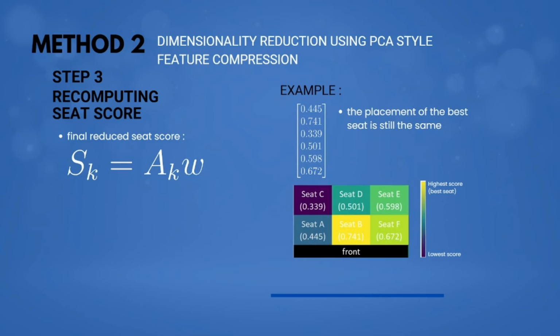And then continuing the example, we compare the new scores with the original scores from method 1. We observe that the best and worst seats remain unchanged, demonstrating that the dimensionality reduction preserved the core decision. And we still use the same method here, which is the heat map. We can see the worst seat is still seat C, and the best seat is seat B.